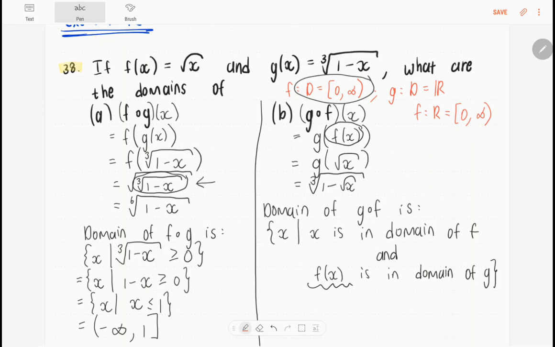So let's go back to the domain of G's composition with f. We said x has to be in the domain of f. That means that x has to be in the interval from 0 to infinity.